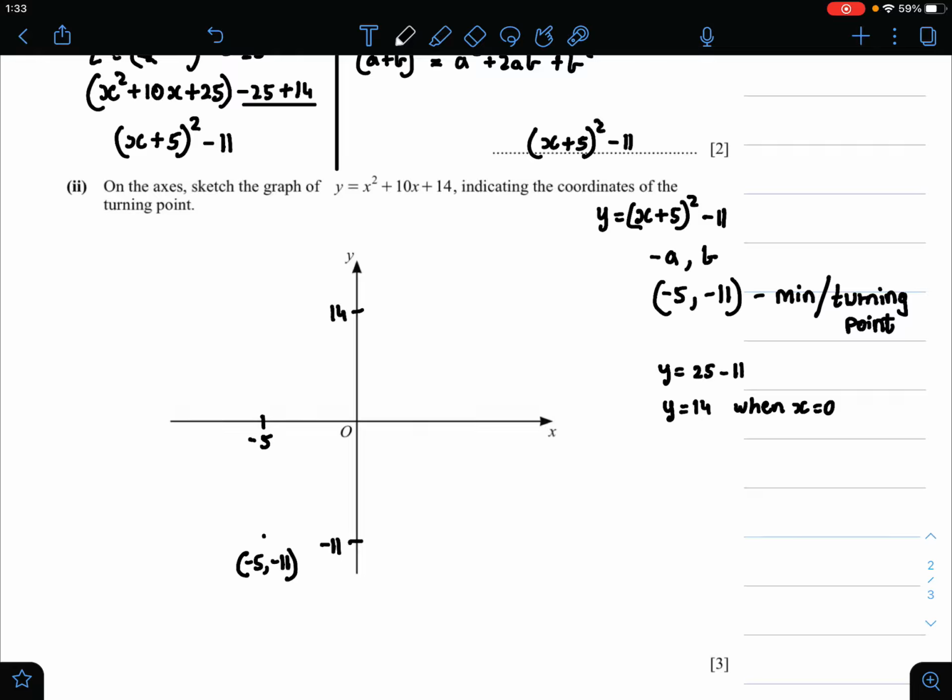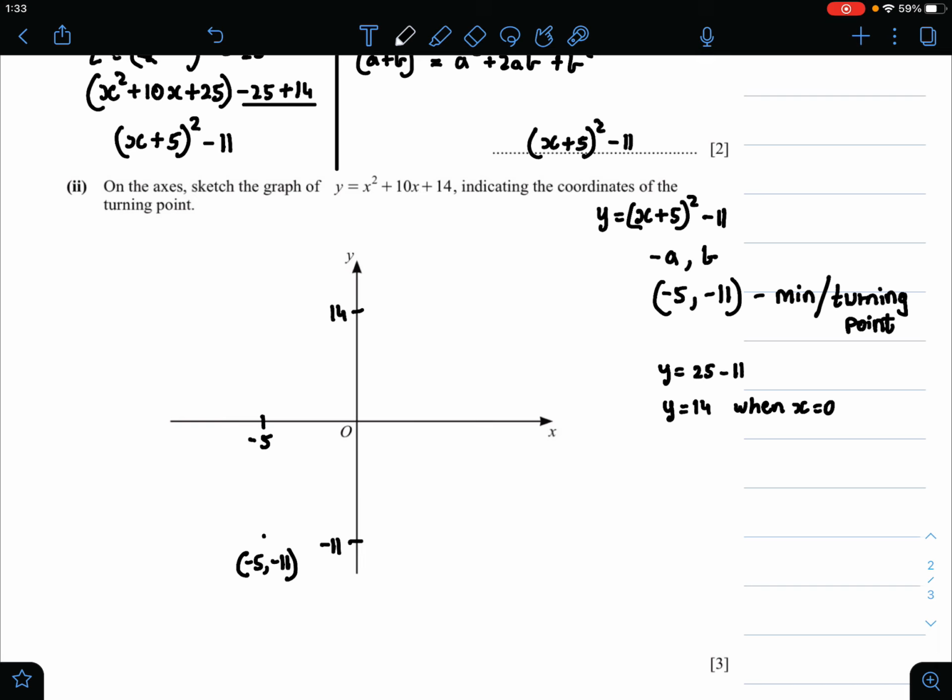So you can simply input 0 is equal to (x plus 5) the whole squared minus 11 and solve this equation.